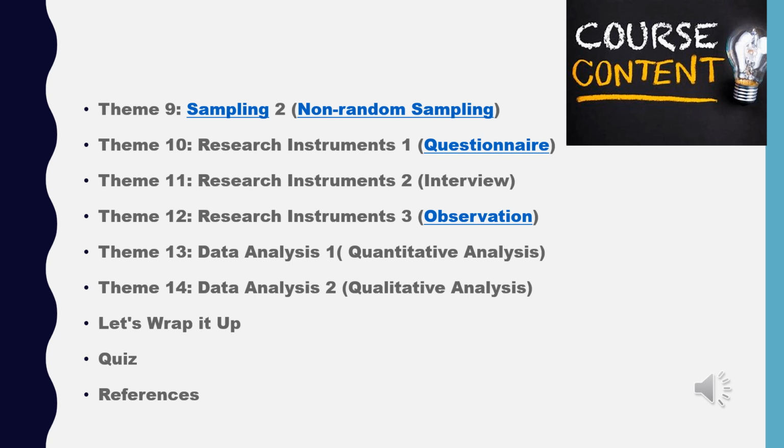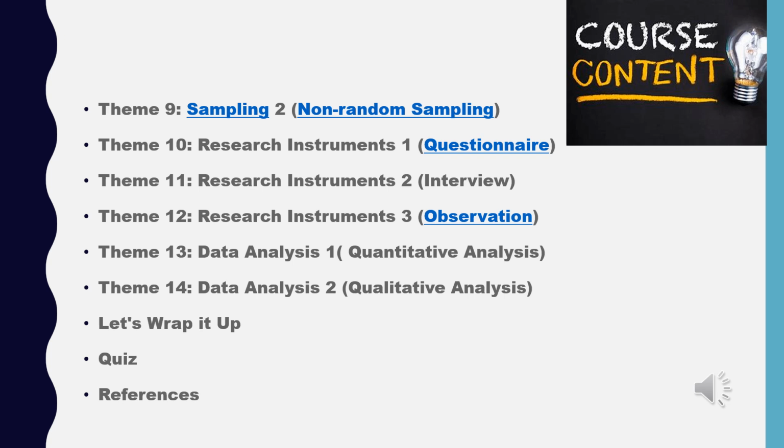Theme 12 is about observation as the third research instrument, and its advantages, disadvantages, designs, types, and so on. Theme 13 deals with the quantitative data analysis procedures, whereas Theme 14 deals with the qualitative data analysis procedures such as thematic analysis and qualitative content analysis.